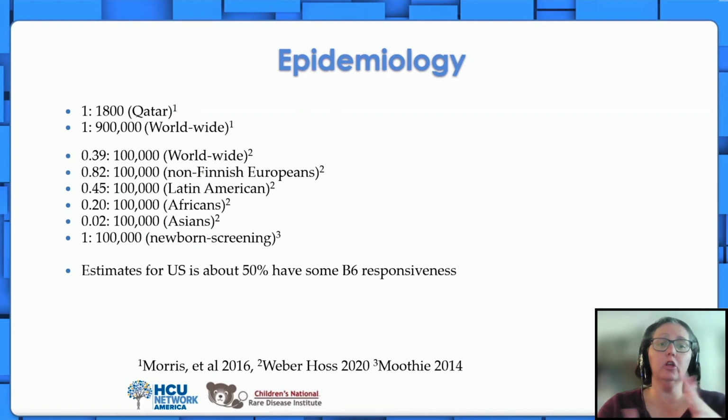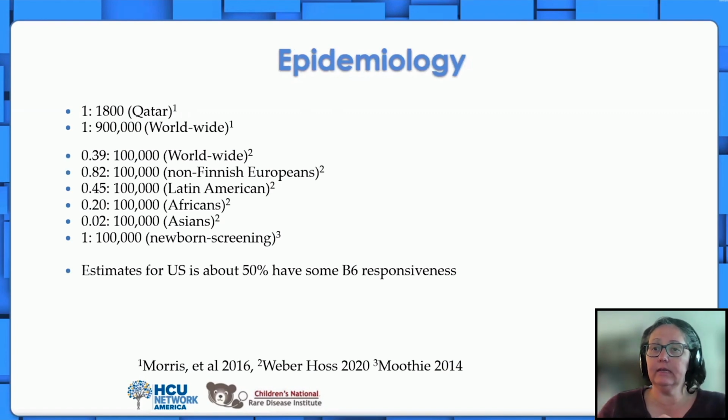If we look at the populations that we see within the United States, we generally say that those from the Asian continent have a fairly low frequency. Those of African descent also have a low frequency. Non-Finnish Europeans are about 0.82 per 100,000, and some of the other estimates are about 0.39 per 100,000.